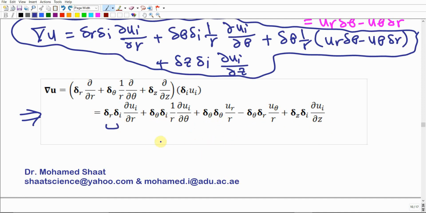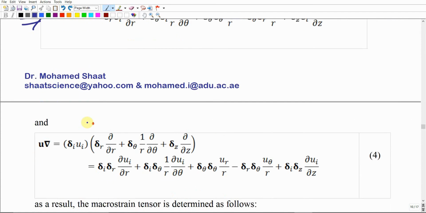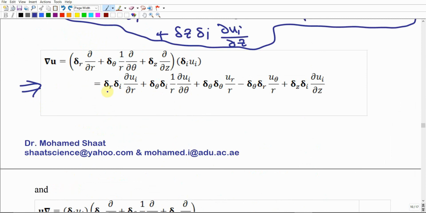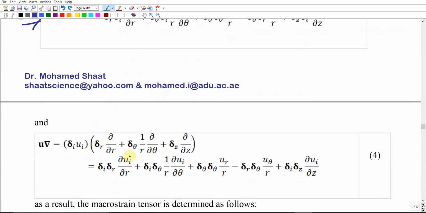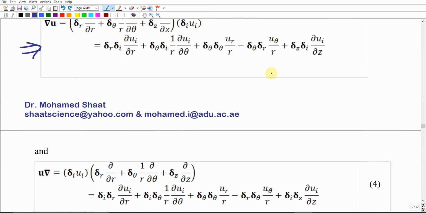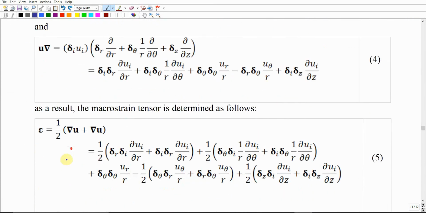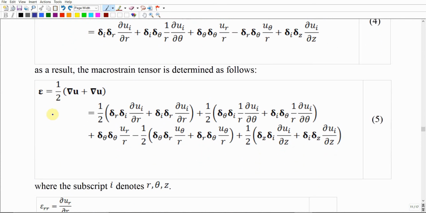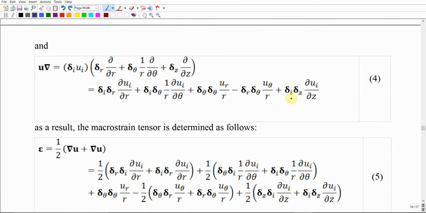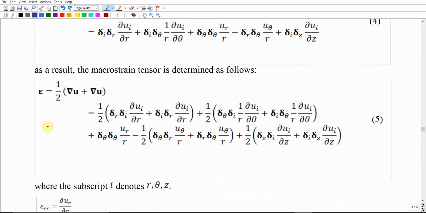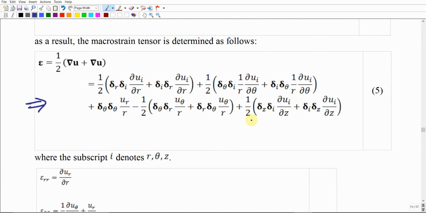If you just switch, you end up with the transpose of this one, just for the cylindrical coordinate. If we sum this one plus this one times half, this is gonna give us the strain tensor. So if you add all of these terms to these terms, we end up with this expression for the strain using the index notation.